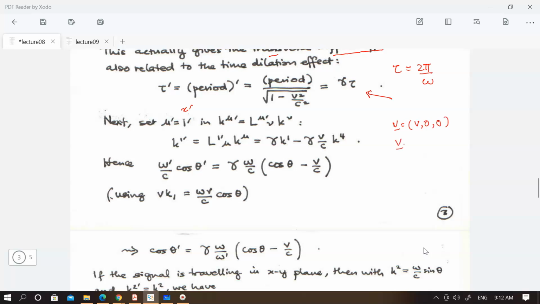So v dot k is essentially vk1, the first component, because the second component when dotted with this velocity vector just gives you 0, so you get vk1. And we're going to make use of this k1 here and multiply v, and essentially we get this vk1 here. Let me just check with that.